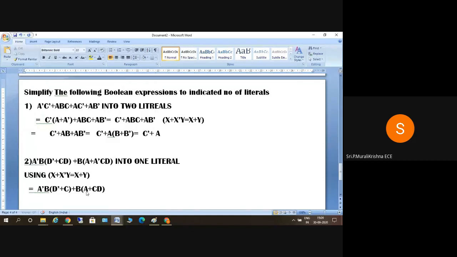Again expand this. That is equal to A bar B bar plus A bar BC plus AB plus BCD.